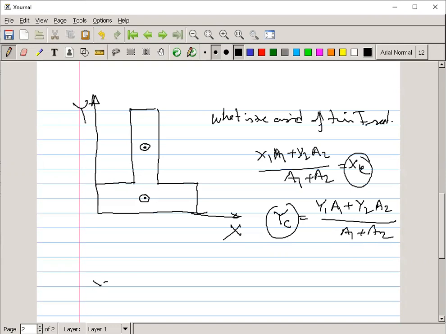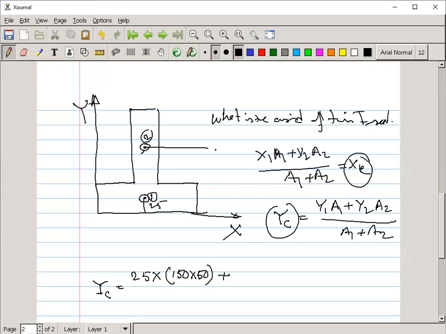Suppose YC: Y1 is this portion, 25. So 25 into A1, which is 150 into 50, plus Y2. How much is Y2? Please reply, at least anyone. From this axis, this is Y1 for section 1, and this is section 2.